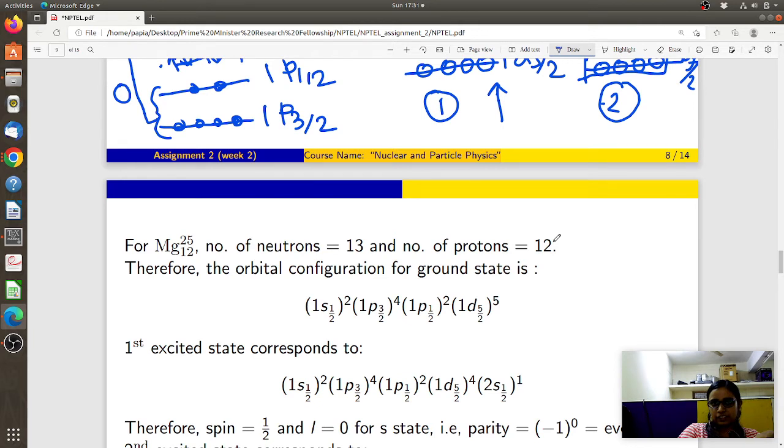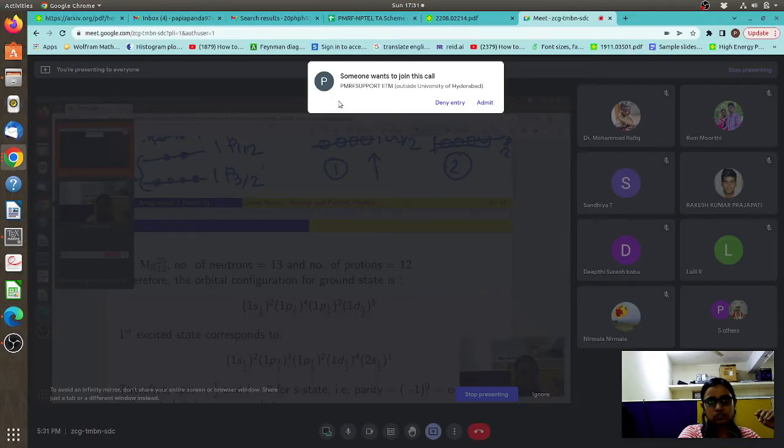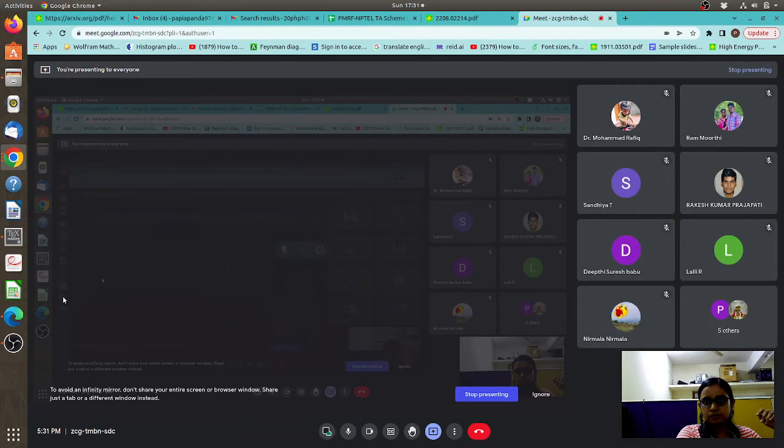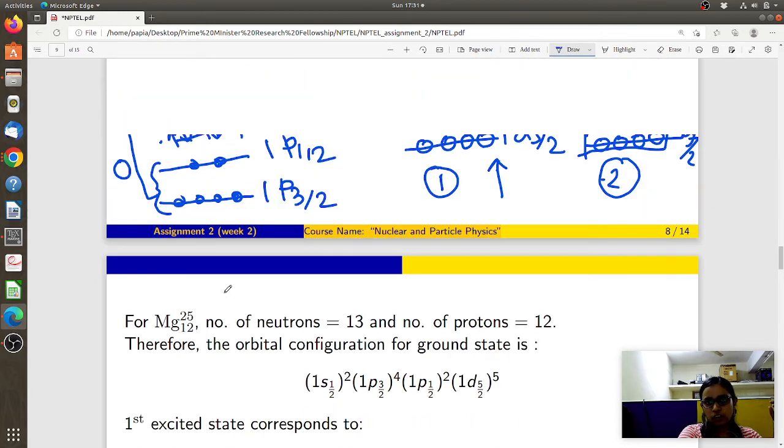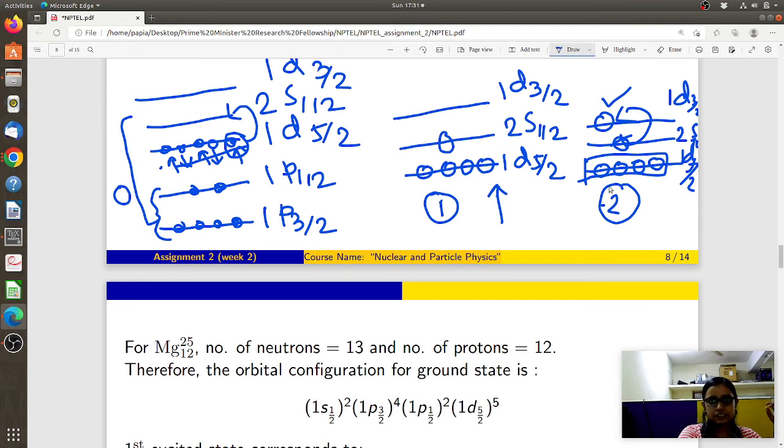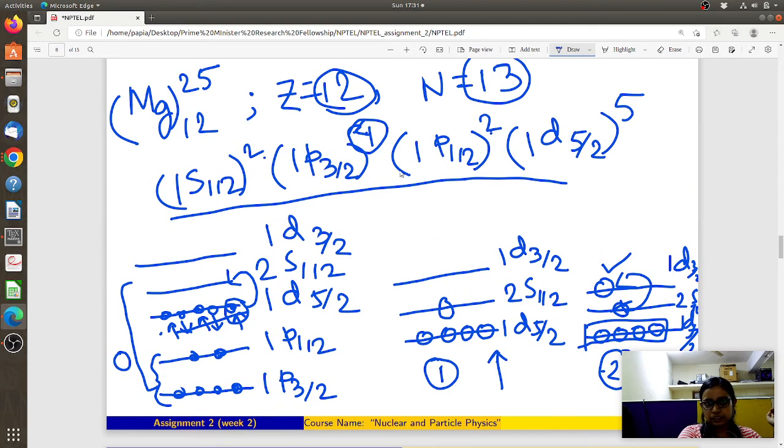I have mentioned here that for magnesium, the number of neutrons is 13 and the number of protons is 12. So the orbital configuration for the ground state, as I already mentioned, this is the ground state, this is the first and this is the second excitation. In the ground state, I can say that 1s 1/2 has 2, 1p 3/2 has 4, 1p 1/2 has 2 and 1d 5/2 has 5, as I already wrote in this configuration.